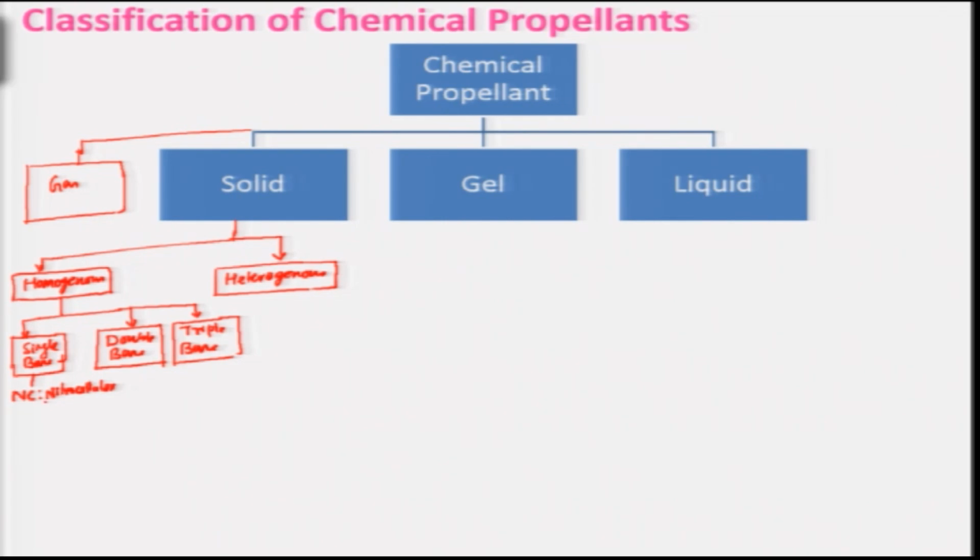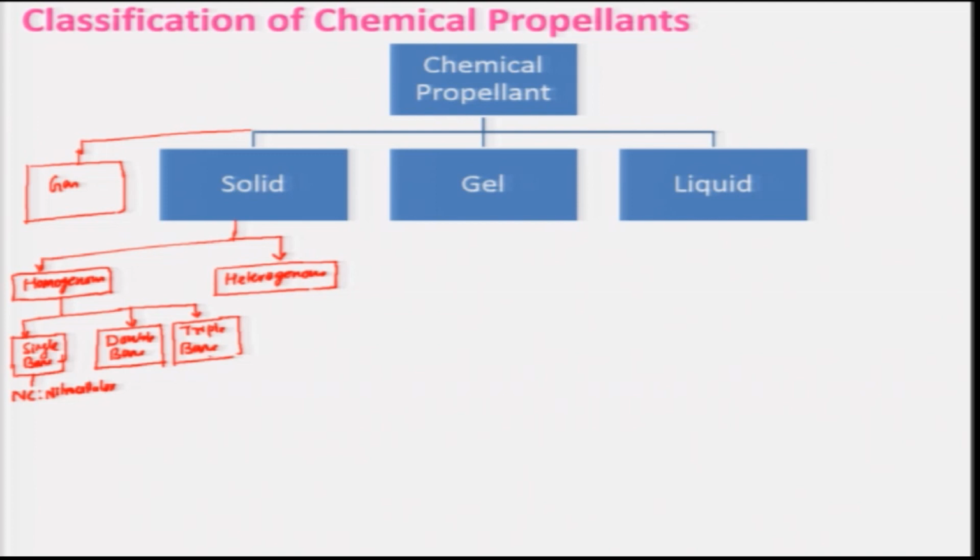It can be decomposed into products once it is ignited, such that it gives a certain amount of energy release, and you can get high temperature and high pressure gas. And double base propellant is one in which both the fuel and oxidizer are mixed together and kept as one propellant grain, and then it is ignited.